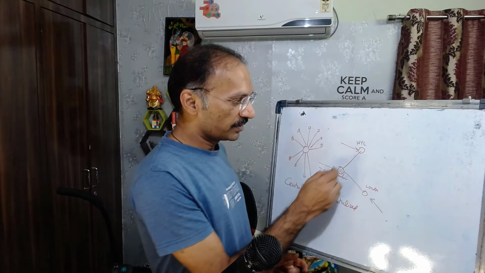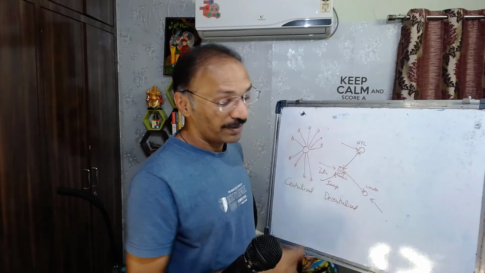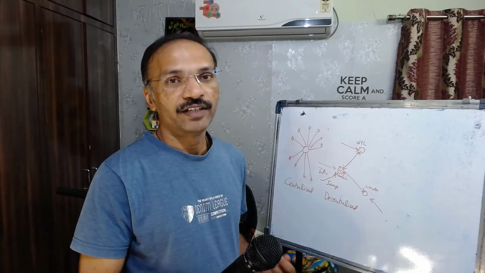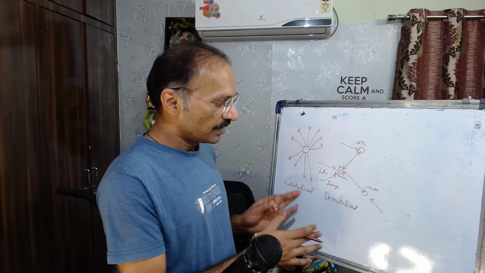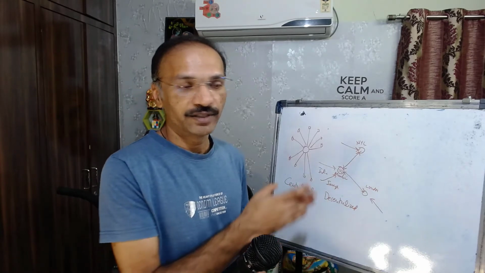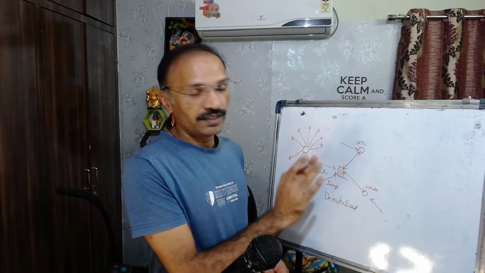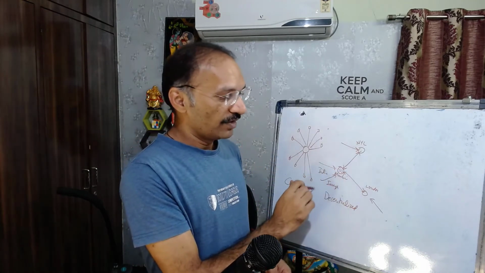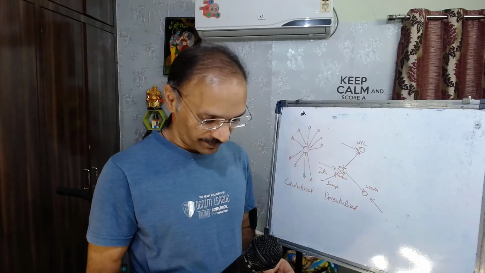So the data is synchronized between the servers, and based on the location nearest to you, you get the data from the nearest server. The data is still controlled by a single company here. In the case of centralized, one company is controlling, and in the case of decentralized, still one company, in this case Amazon, is controlling the entire data.